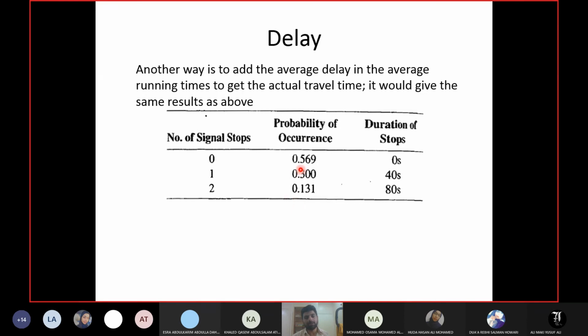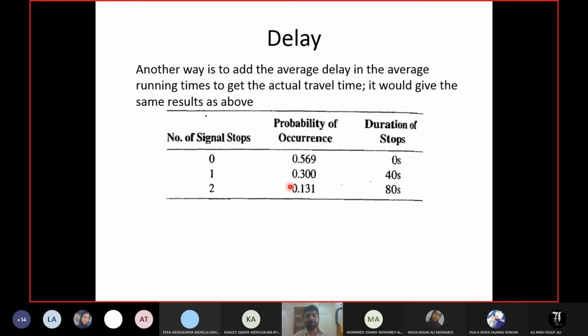So for example, there were 56.9% vehicles which did not stop at all. So it was a very well coordinated signal having a very small delay. So almost 57% of the vehicles passed through both the signals without any stoppage. So for them the delay is 0. They did not stop at any signal.